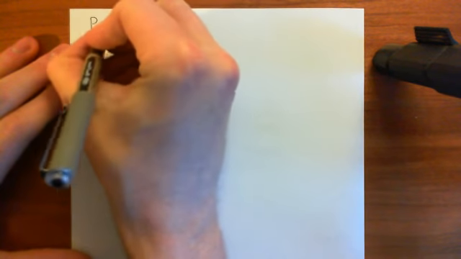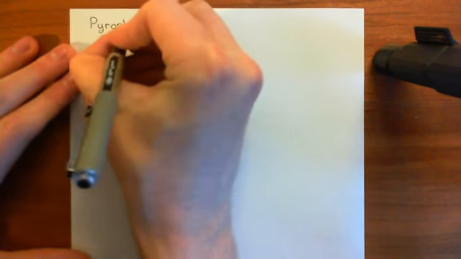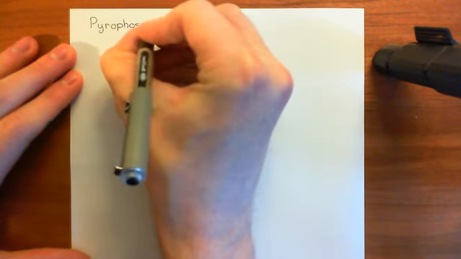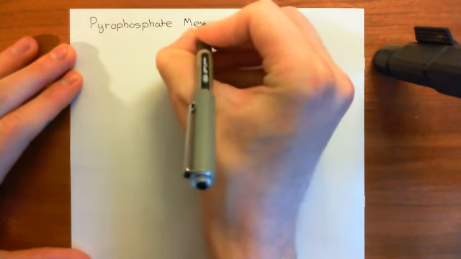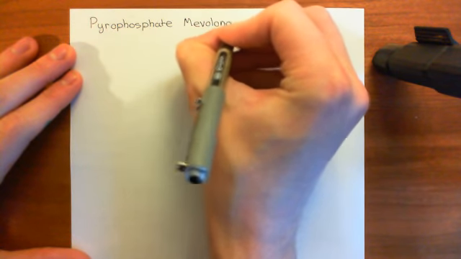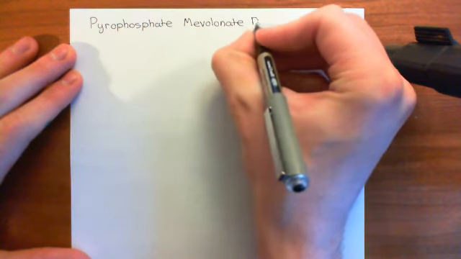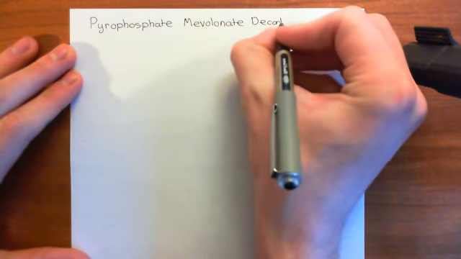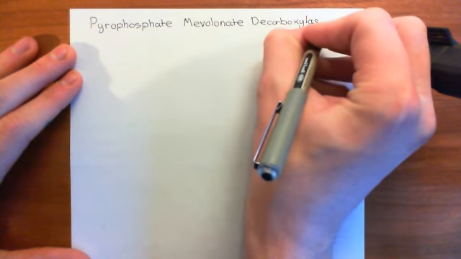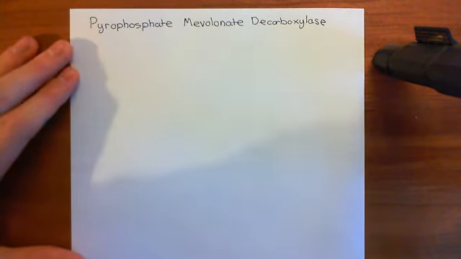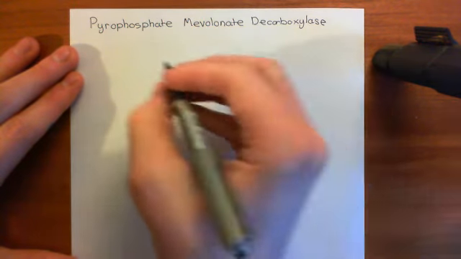The first reaction it catalyzes is the addition of another phosphate group onto that alcohol group that comes off the third carbon of the pyrophosphomevalonate molecule. Okay, right, so let's draw all of this then.